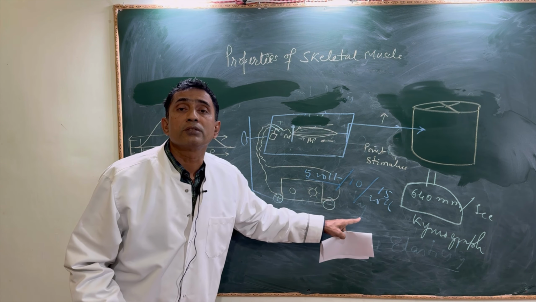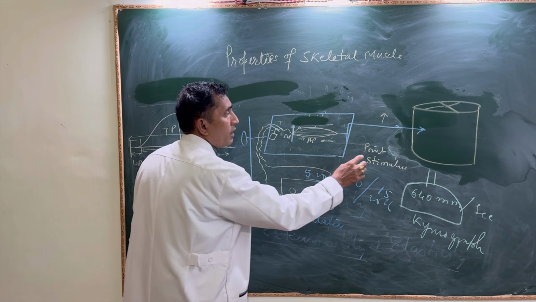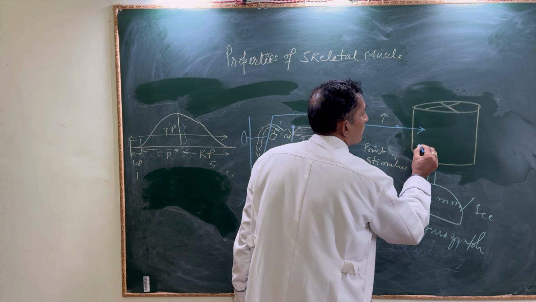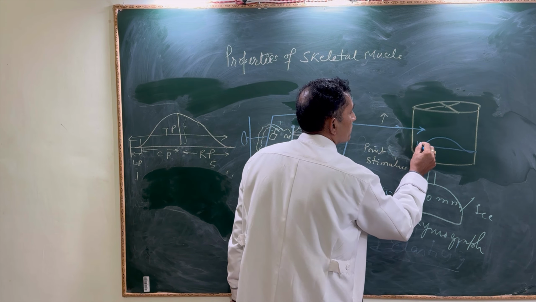So if we can alter the strength, first we have to take a simple muscle twitch. First, the record with 5 volt. This is the record. By using 5 volt, we have the record.